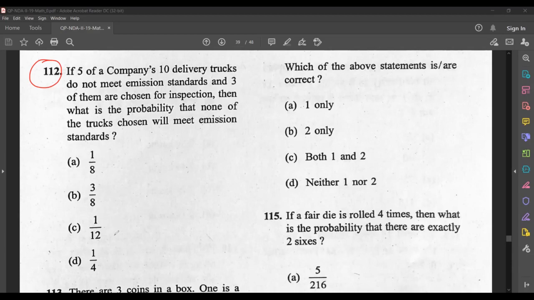Options: 1 by 8, 3 by 8, 1 by 12, 1 by 4. Please try.